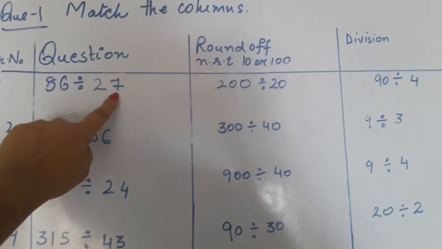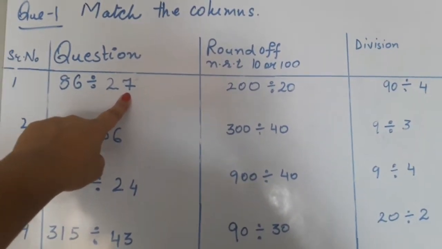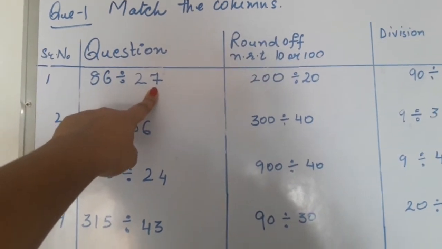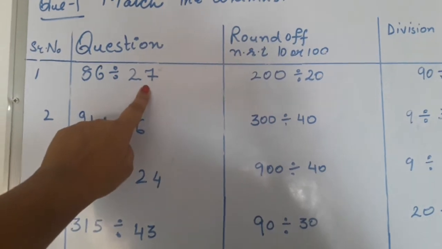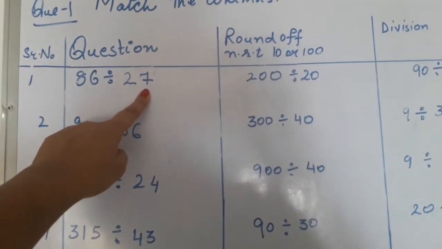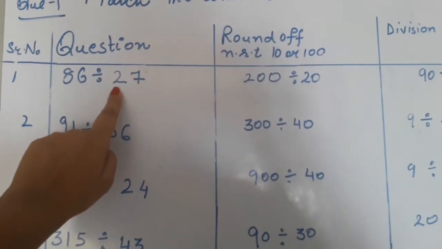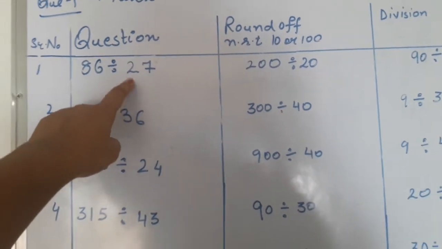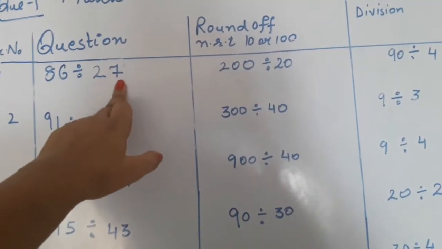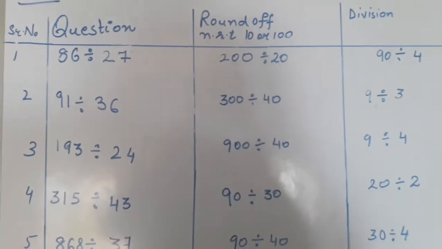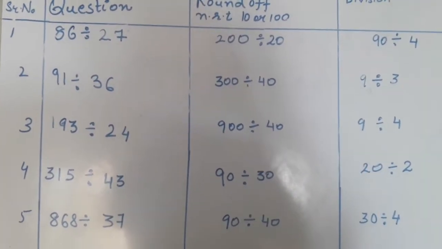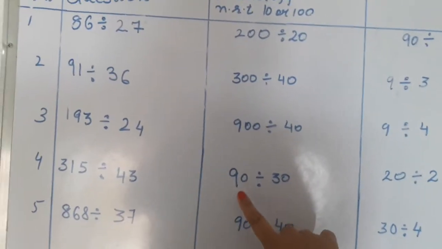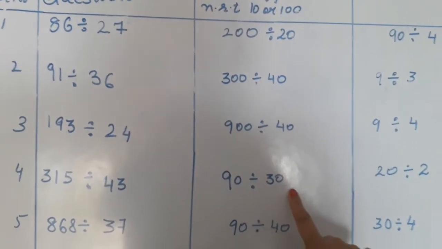Now in the ones place it is 7, which is again greater than 5. If the number at the ones place is greater than 5, then what will I do? I will put 0 at the ones place and add 1 to the tens place. So it becomes 30.